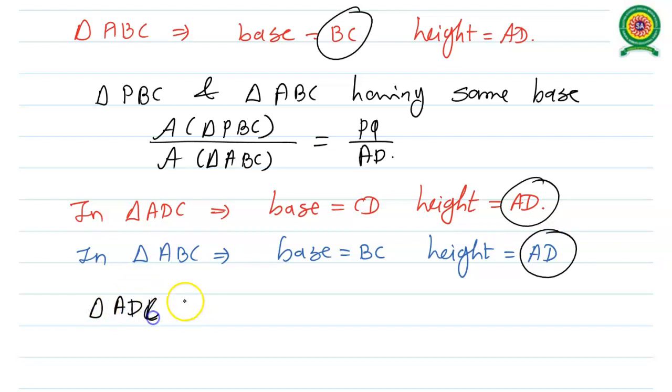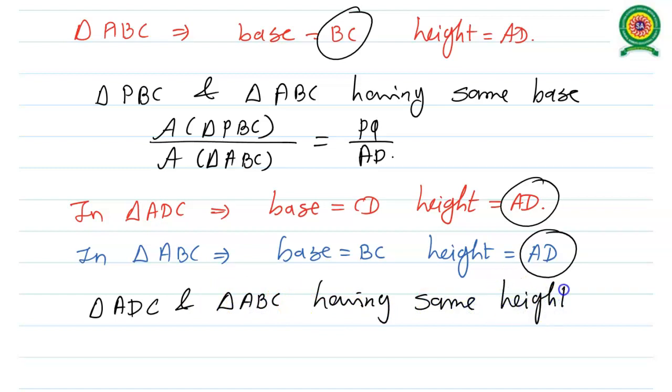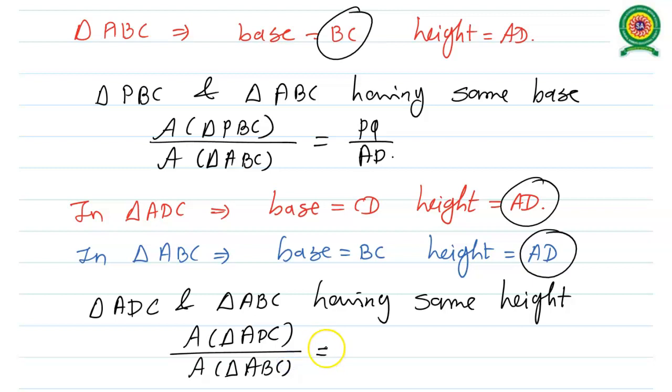I am writing at first triangle ADC and triangle ABC having same height. So once they are having the same height, area of triangle ADC divided by area of triangle ABC is equal to the ratio of their corresponding bases, meaning CD divided by BC.